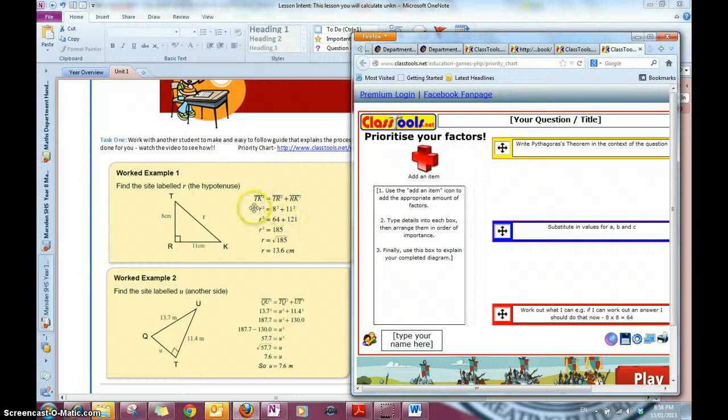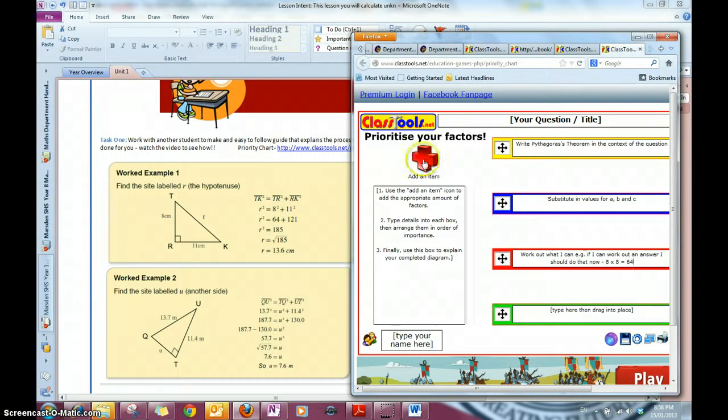So now what do I do? I look at that and I go, well, I can add 64 and 121. I learnt to do that in grade 3. So I'm going to actually add those together, and we're going to get 185. Now I've run out of things here, so I just go up here and I add another item. And down here I'm going to write add what I can.